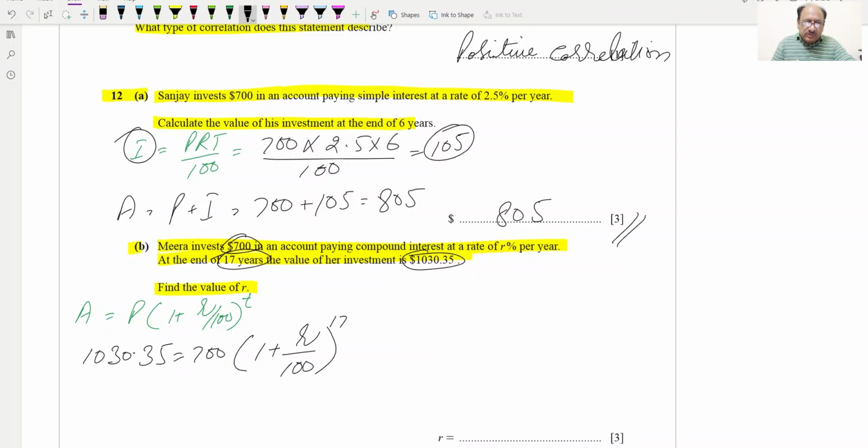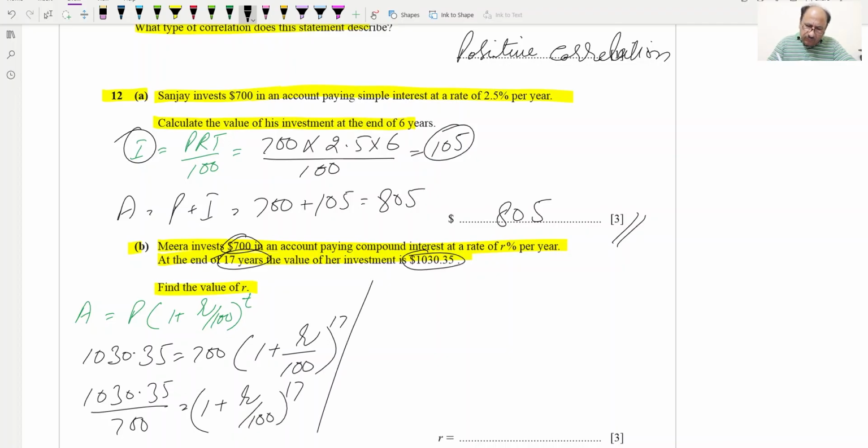We'll replace here 17. Now we can shift 700 to the other side, so we'll get 1 plus R. Otherwise what we can do, we can write like this: 1030.35 over 700, and this will be equal to 1 plus R over 100 raised to the power 17.